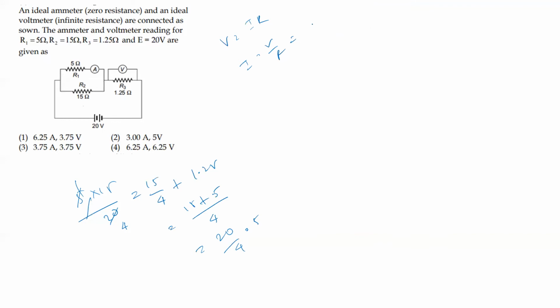Now V is 20. Or we got it as 5, 4 amperes. So here 4 amperes is moving and splits here. So whatever the current in this, that will be read by A. So current in 5 ohm, how do you write? Current in 5 ohm is equal to 15 into total current by resistance 20.